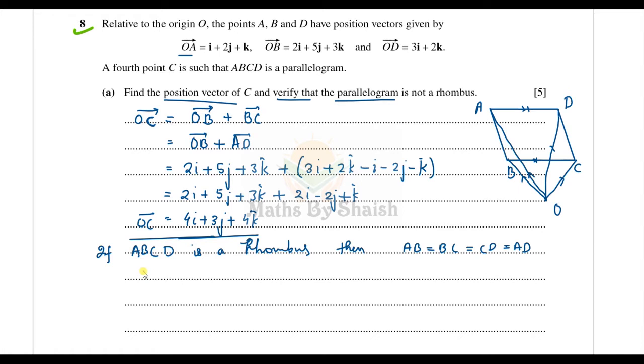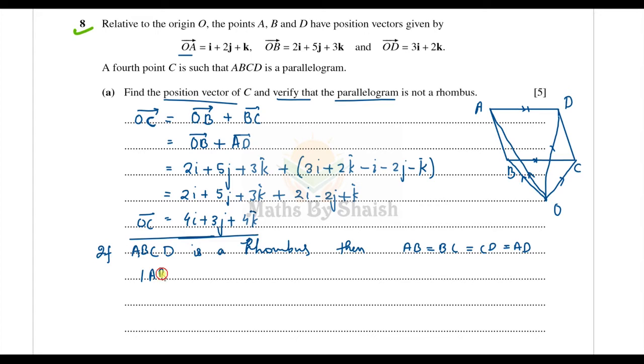So we'll find the magnitude of the known vectors, and if we can prove that the magnitudes of any two sides are not equal, then it can be proved that it is not a rhombus.